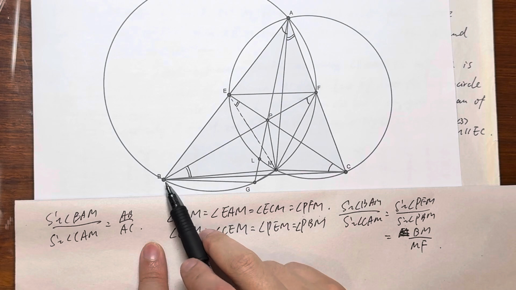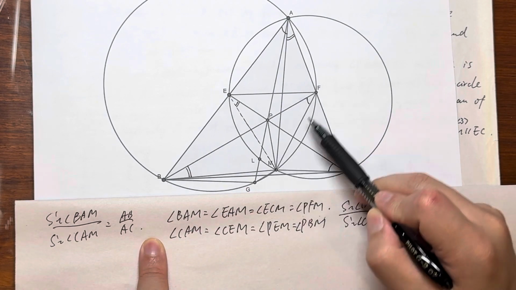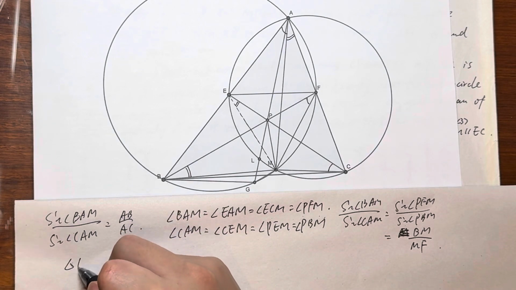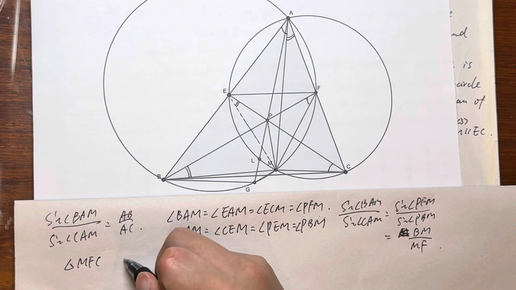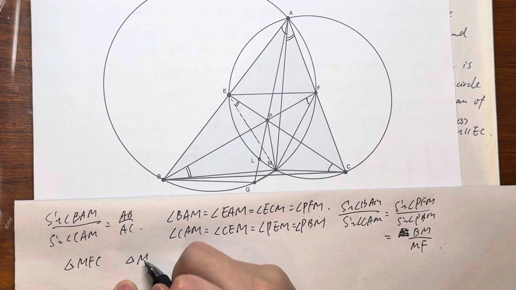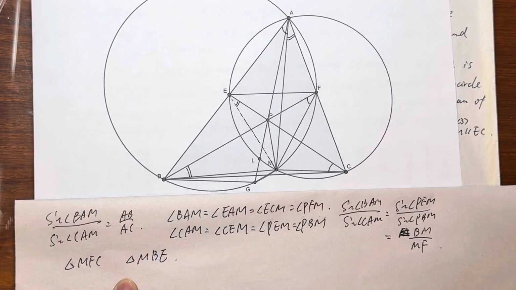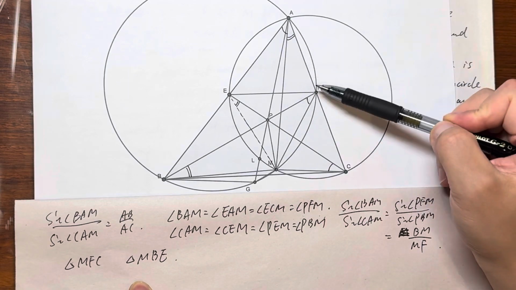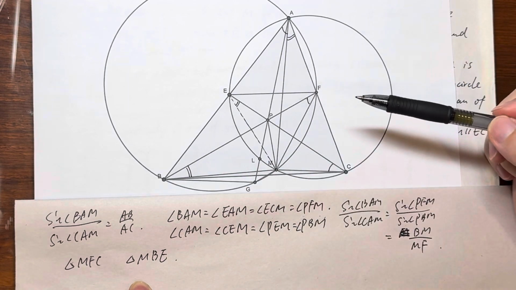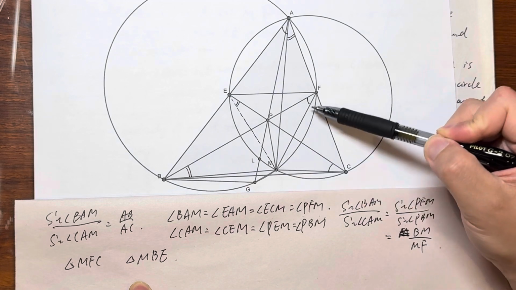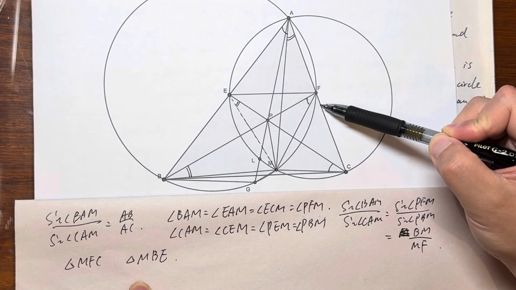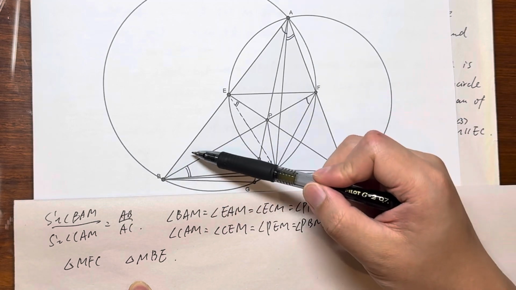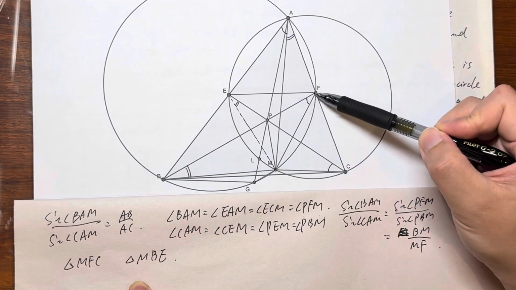So we want to find the relation between BM and MF. Now if we look at triangle MFC and triangle MBE, because A, F, M, B are cyclic, angle MFC equals angle ABM, which is angle EBM.